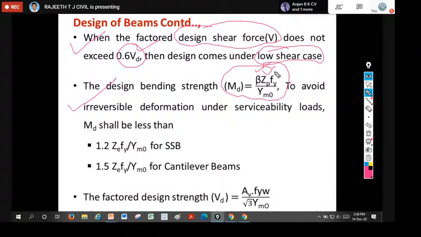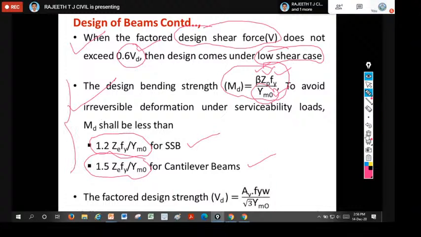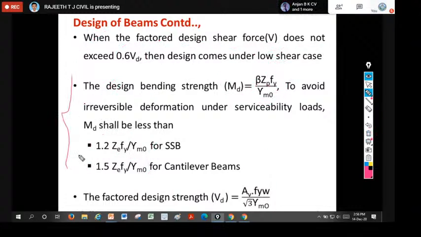ZP is the plastic section modulus, Fy is the yield stress of the beam material, and gamma m naught is a partial factor. This value must be less than 1.2 times ZE Fy for simply supported beams and 1.5 times ZE Fy for cantilever beams. So this is the moment strength for laterally supported beams in the low shear case condition.